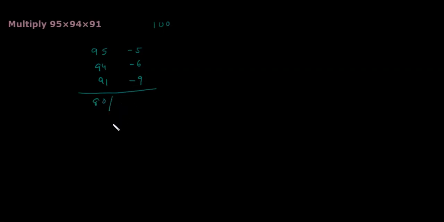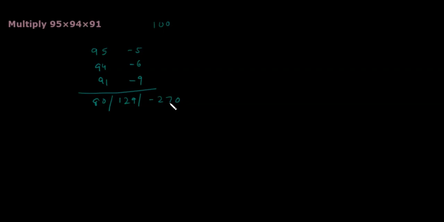And in the second partition, if we multiply these numbers pairwise and add, this will be 30, this will be 45, and this will be 54. And this is giving us 129. So this is 129. And third partition is the product of these three numbers, which is negative 270.